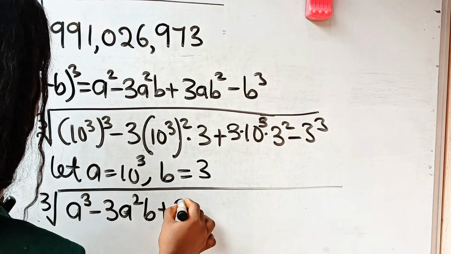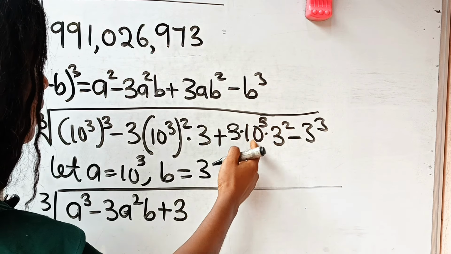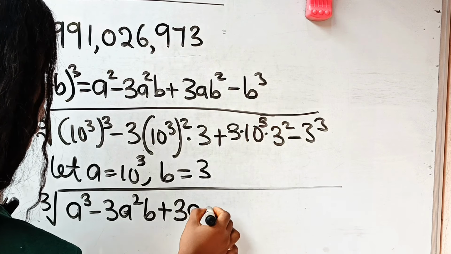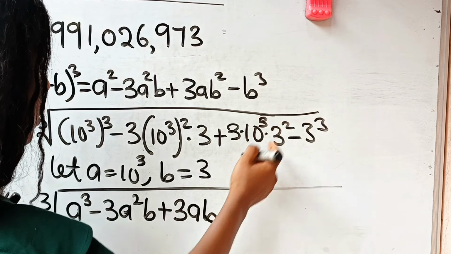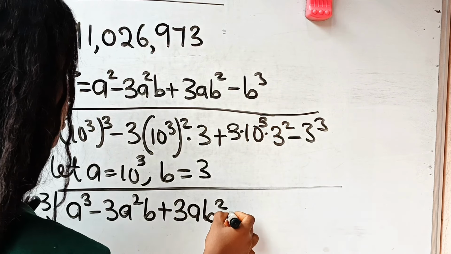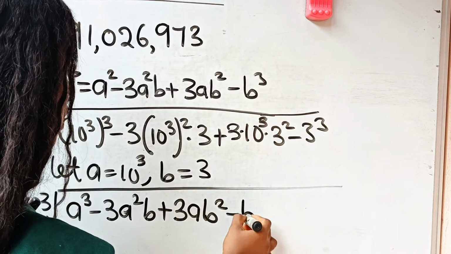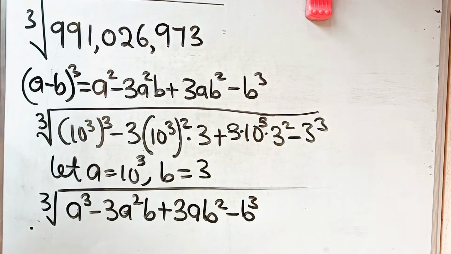Plus 3 multiplied by 10 to the power of 3, which is our a, multiplied by b squared, which is our 3, then minus b to the power of 3. Now, can you compare this to this? You are going to see the same thing.